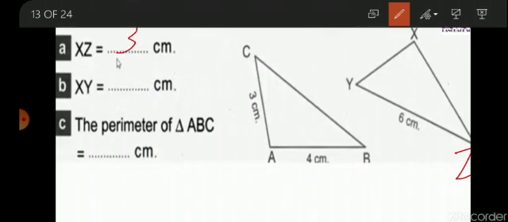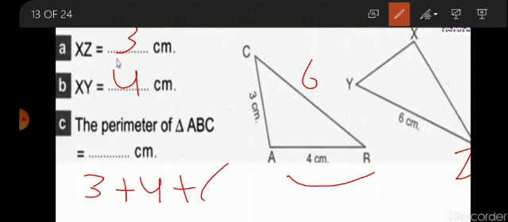XY in the same arrangement, AB equal 4 centimeters. The perimeter of ABC, okay, I can get CB equal what? YZ. Excellent. YZ equal 6 centimeters. So the perimeter of ABC equal 3 plus 4 plus 6 equal what? Excellent, 13 centimeters.